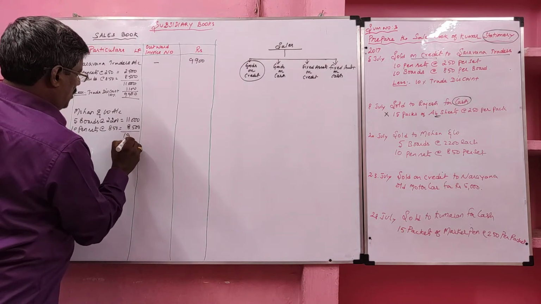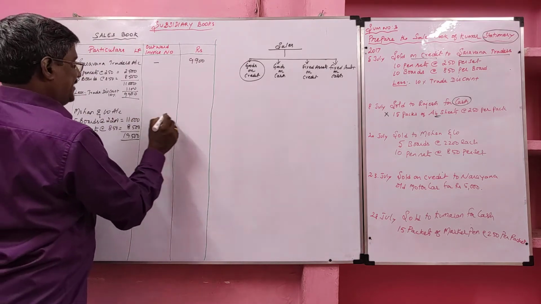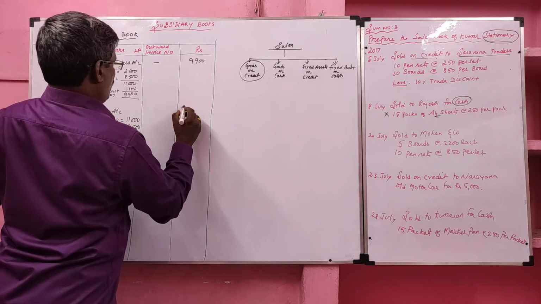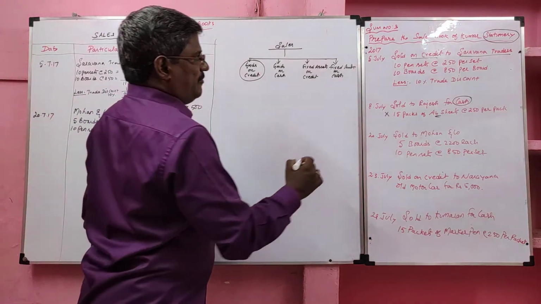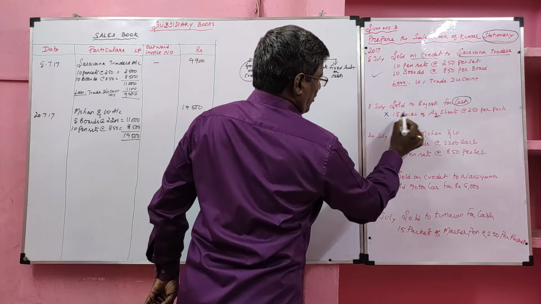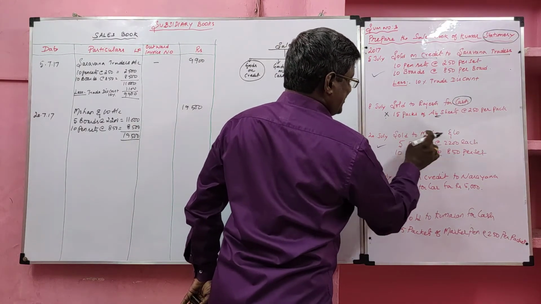So total 19,500. There is no trade discount. It will be recorded against Mohan and Co., 19,500. The cash sale of goods will not be recorded; the credit sale of goods will be recorded.